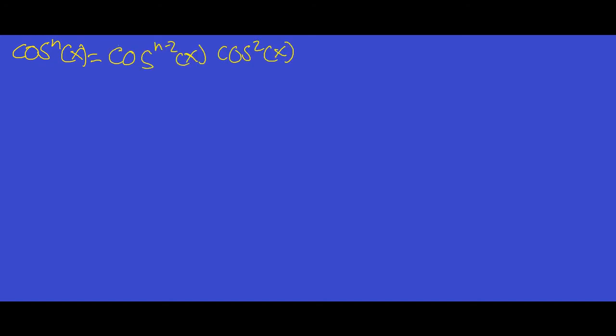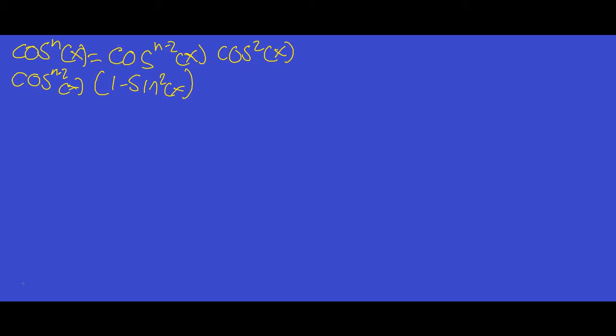Pangalawang step naman is gagawin natin siyang basic trig identity itong cosine squared na 1 minus sine squared. So, ginawa na natin siyang trig identity na 1 minus sine squared yung cosine squared.